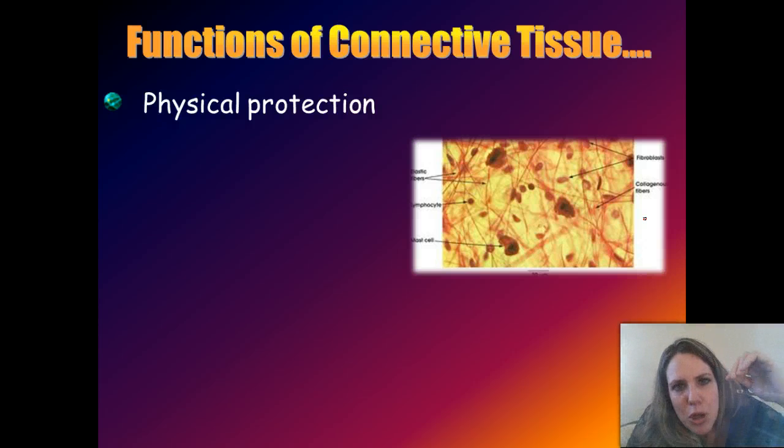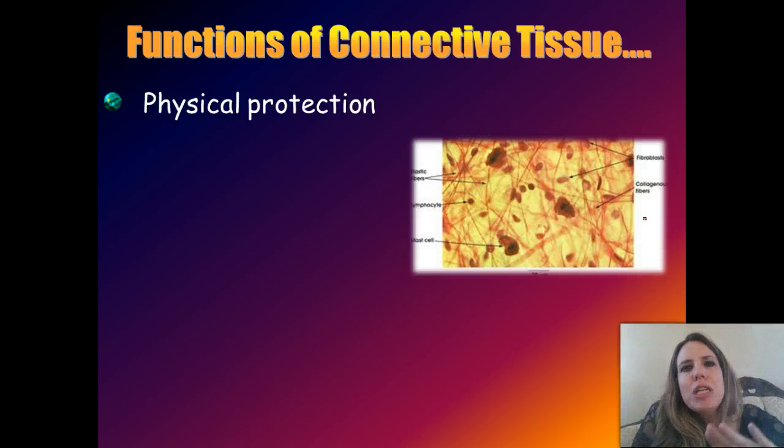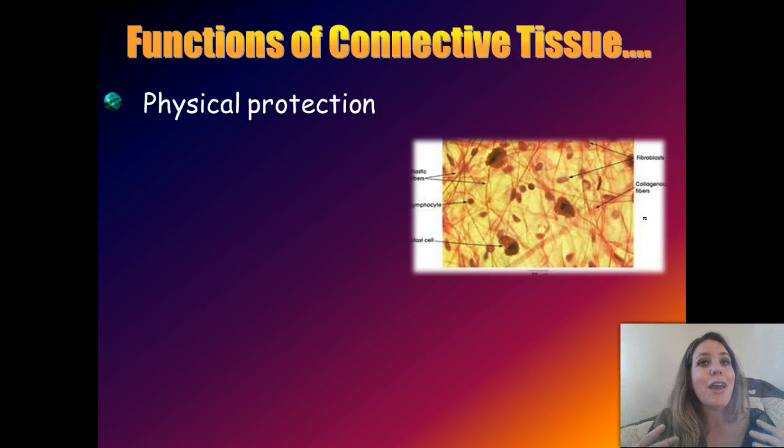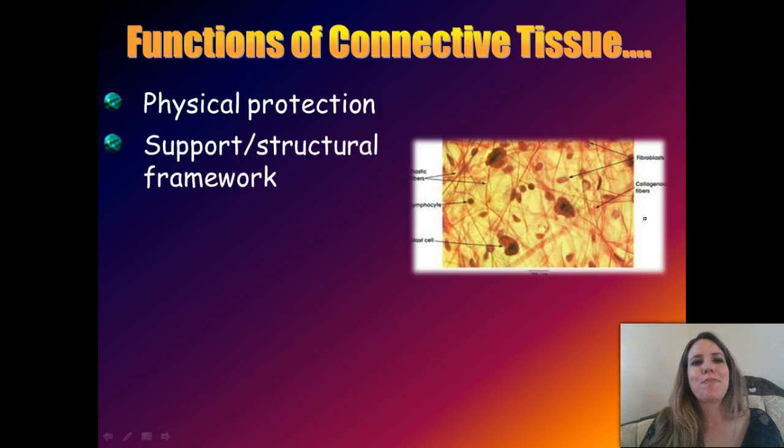When you're bending over, you don't want your liver smashing into another organ, like your intestine, right? You need some kind of stuffing in the middle to protect you from the friction that would be generated and the trauma, the impact. So connective tissue can serve a protective role. And as we said, your adipose tissue, your fat, is definitely protective, right? It's going to cushion your organs, among other things.